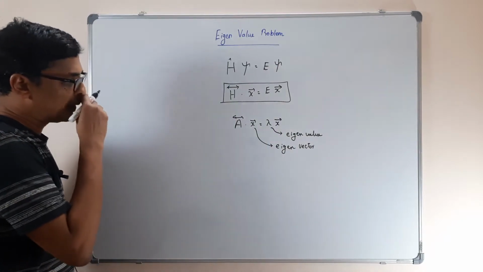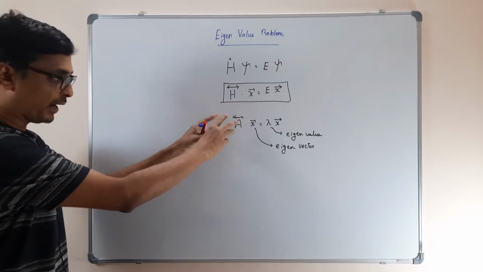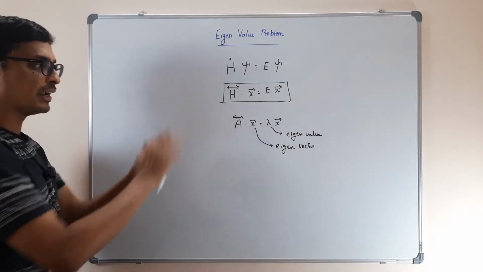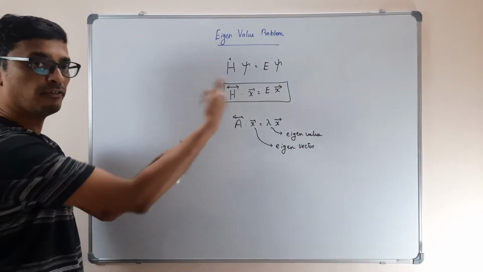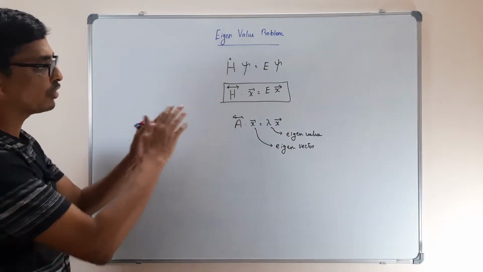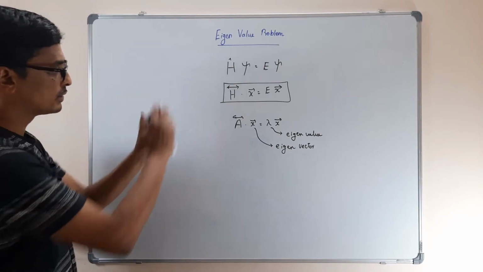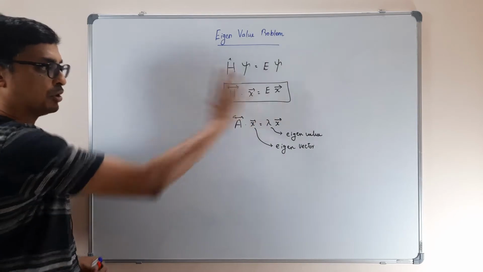Often this is a very important problem: given an operator or a matrix A, you have to find the eigenvectors and the corresponding eigenvalues, or conversely, the eigenvalues and the corresponding eigenvectors. This is one of the very common problems we encounter in physics. So in this series of lectures, we will see how we are going to solve this problem.